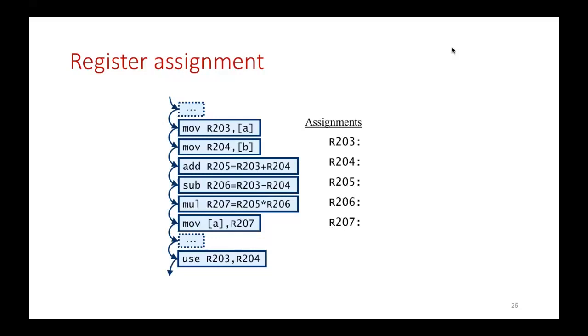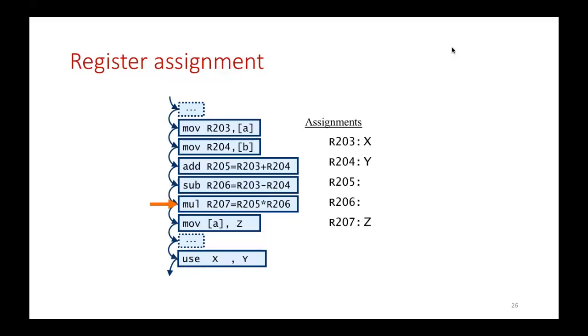We've already gone through and assigned R203 and R204. Let's assume that they've already been assigned to real register X and real register Y for 204. So we get to this particular instruction, and we see that there's one register that needs to be assigned here. It's 207. The question is, is there a register available for it? And the answer is yes, because register Z is still available. So we can give it register Z.